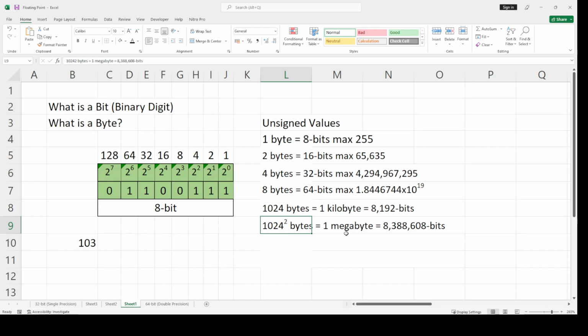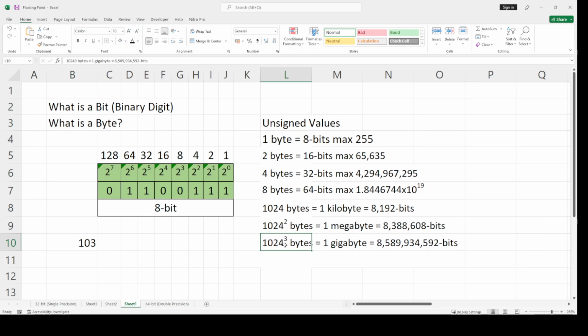So 1 megabyte is equivalent to 1,024 squared. And if you multiply this 1,024 squared by 8 bits, we will yield 8,388,608 bits. So we can continue.